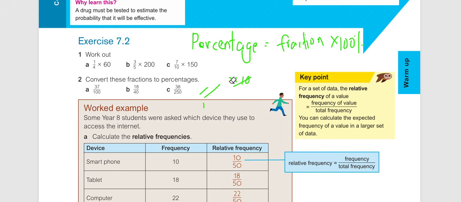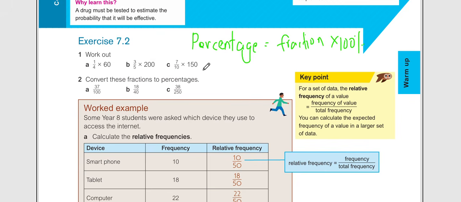So let's see how we can do it. Always remember, if you have any kind of fractions, just try to get the simplest form. Then it's easy for you to do the calculation. Right. For the third one, 38 upon 250. I'm going to find the percentage here.